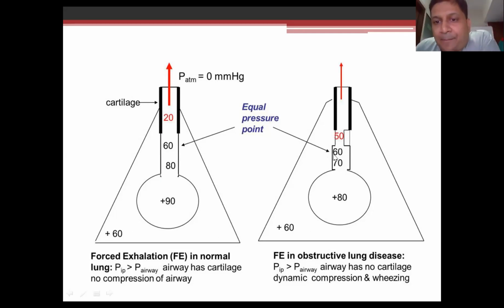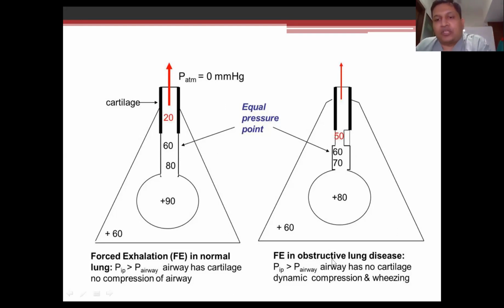So what will happen? Beyond that point, when the pressure falls, because of this positive intrapleural pressure and less pressure inside the airway, your transmural pressure will become negative. 50 minus 60 will give -10. So at that time your tube collapses.